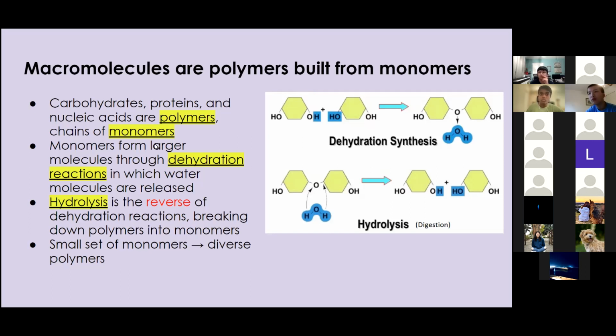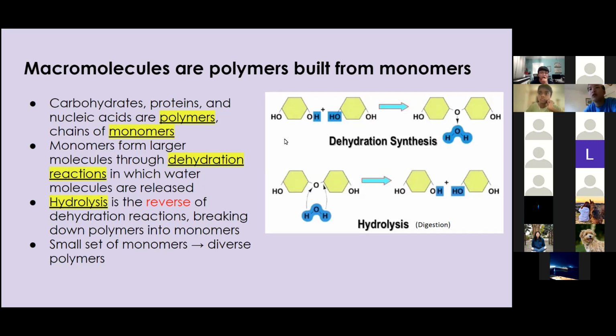And the process by which the monomers become polymers is called dehydration reactions or dehydration synthesis. And this is basically when a water molecule is released to join two molecules together. So in the picture on the right, we can see that there's a dehydration synthesis reaction shown in the top, and there's a water molecule being lost, and then there's two molecules that join together.